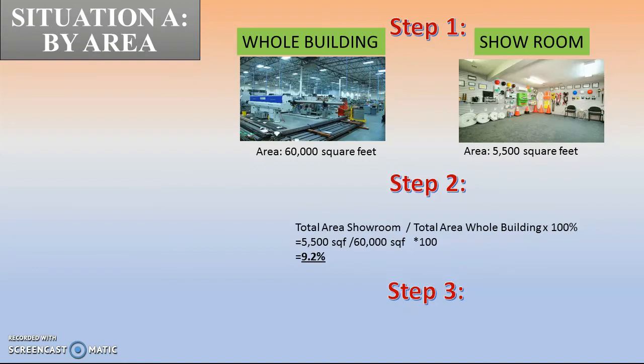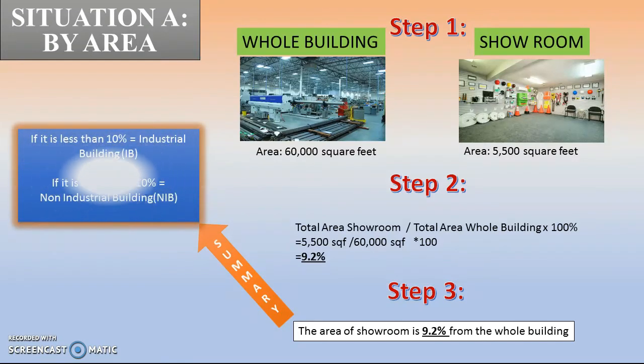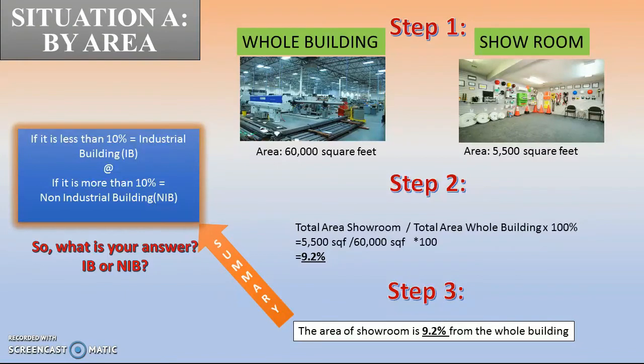So we summarize it in step 3. The area of the showroom is 9.2% of the whole building. So under the 10% rule, if it is less than 10%, the showroom will be determined as industrial building, or if it is more than 10%, the building will be determined as non-industrial building. So now, what is your answer? If your answer is that the showroom is an industrial building, you are correct again.